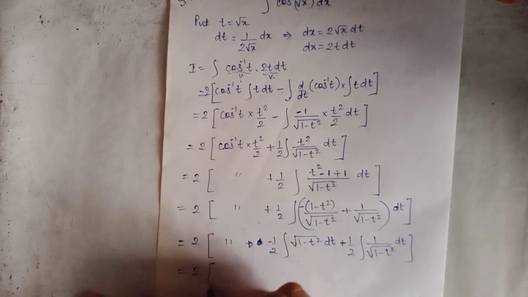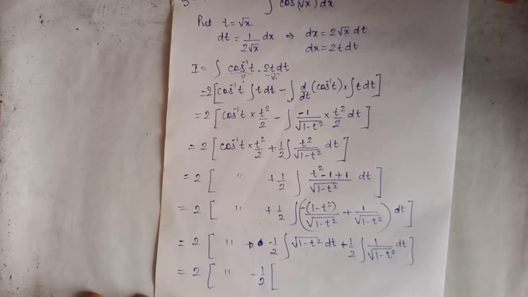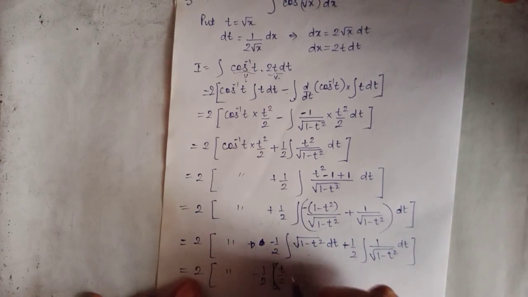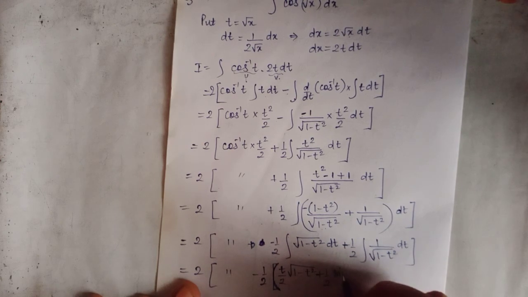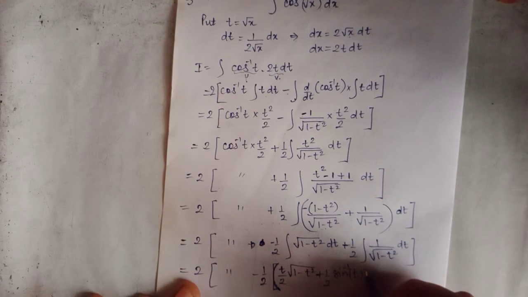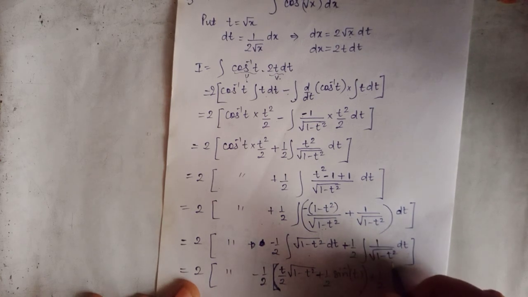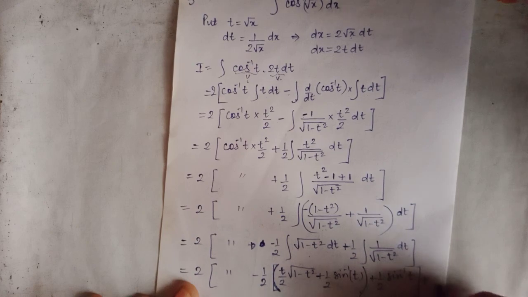Taking the integral, this is t by 2 root of 1 minus t square, using the a square minus x square formula, plus half sine inverse of t. Plus half, this is 1 upon root of a square minus x square, which is sine inverse of t by 1, so t, plus c.